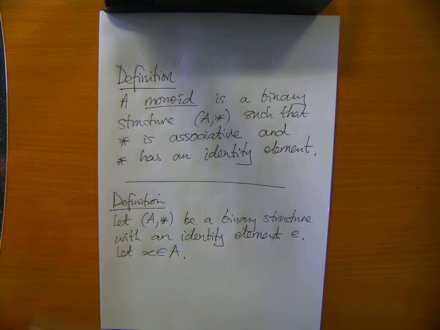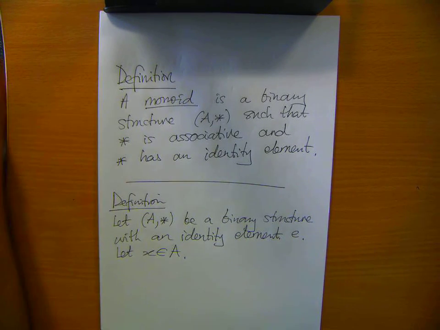And we're now going to think about what it means for X to have an inverse or be invertible. So the idea you should be thinking about generalizing here is the negative of an integer, if you're talking about adding integers, or 1 over x as the inverse of x if you're talking about multiplication of non-zero real numbers, or the inverse of a matrix if it's got an inverse.